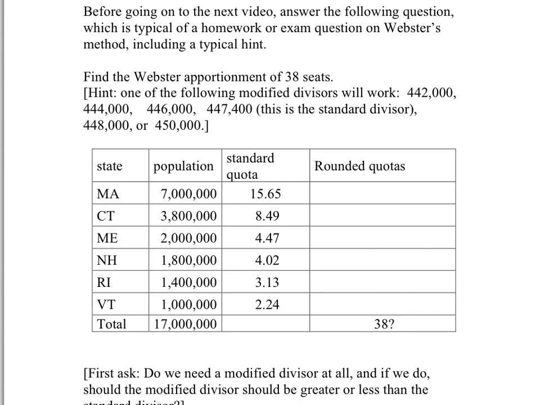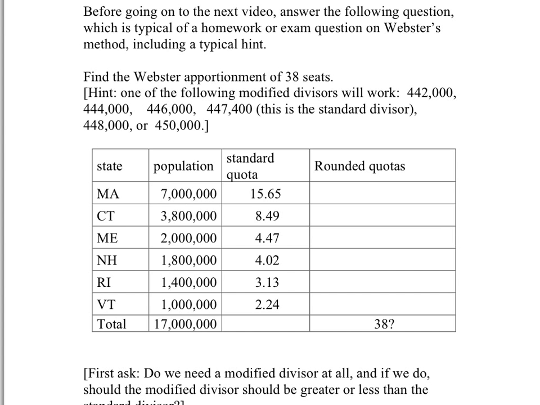So you know that there are 38 seats, and you know the populations. You might even be given the standard quotas, although you could figure them out yourself if you needed to. And the typical hint is that you're told that one of the following modified divisors will work. This one right here is the standard divisor, and that's on your list of potential divisors that will work. And if not that one, then one of these modified divisors will work. So it's left to you to figure out which.